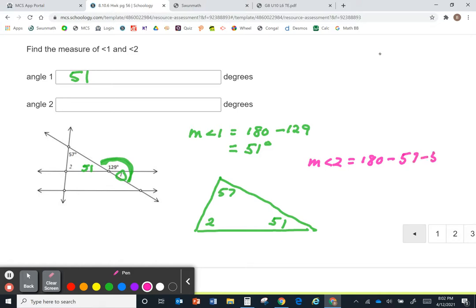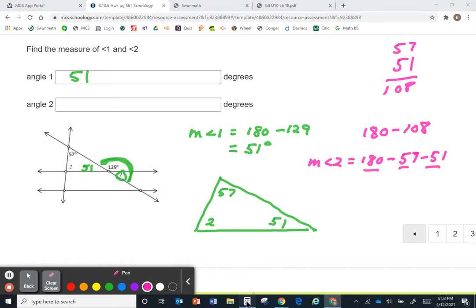That's kind of the easy way of doing it, right? You can add those together. Look, there's two ways of doing it. So you can go 57 and 51. You add them up, that's 108, right? So you can also do 180 minus 108. Or you just go 180 minus this minus that.